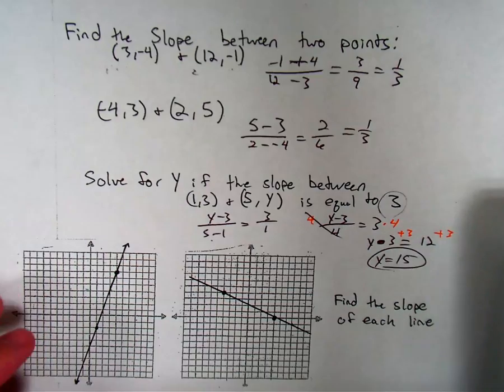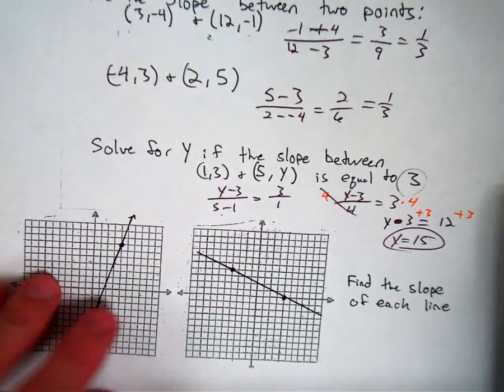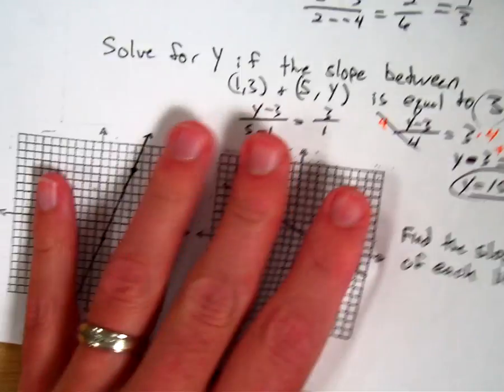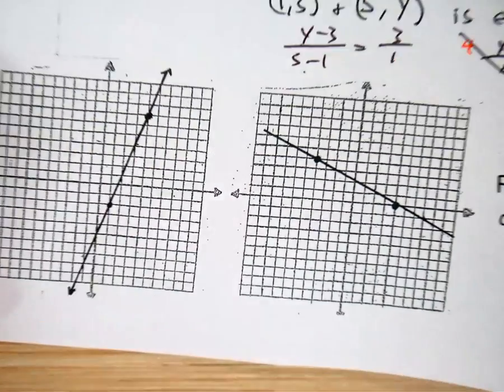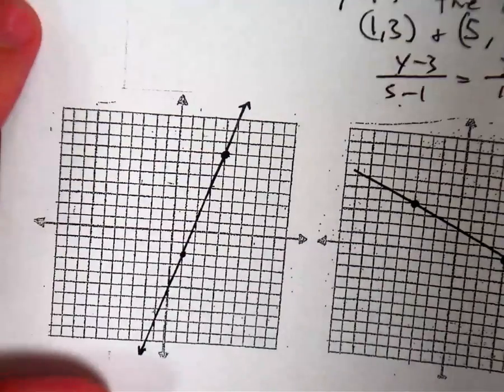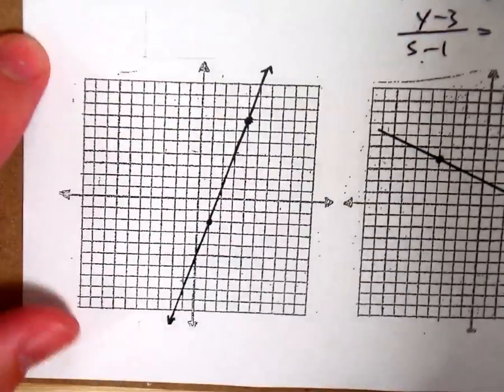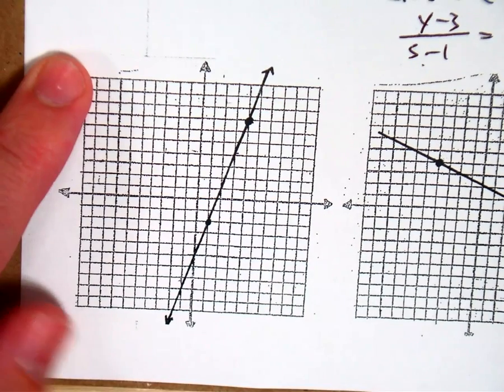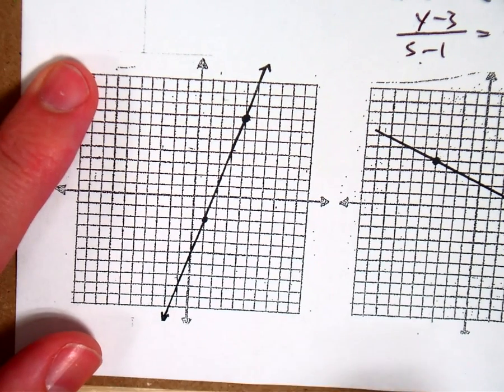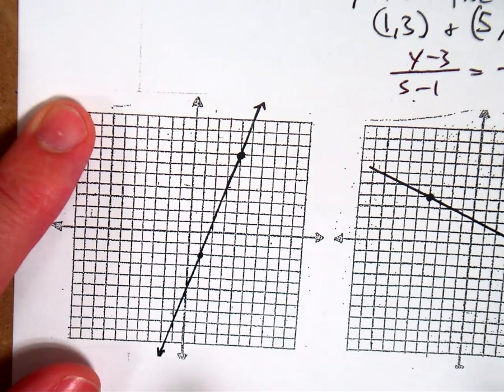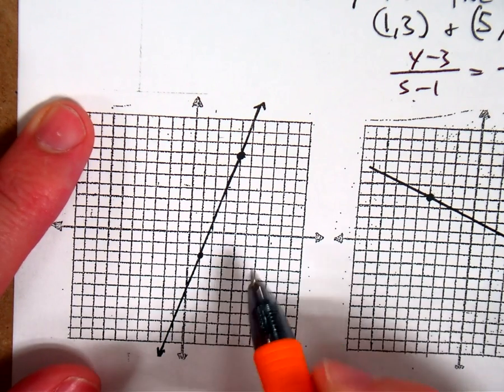Okay, if you have a graph, sometimes it's easier to do the rise over run method. You can always try to look at the graph here and come up with your coordinate points and do the slope formula from there, but sometimes it can be easier if you have some nice points to do rise over run.